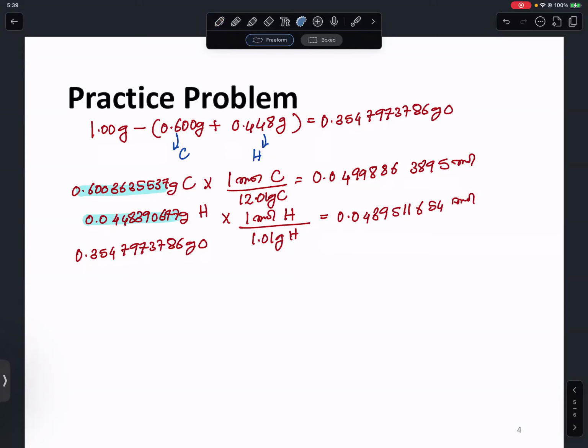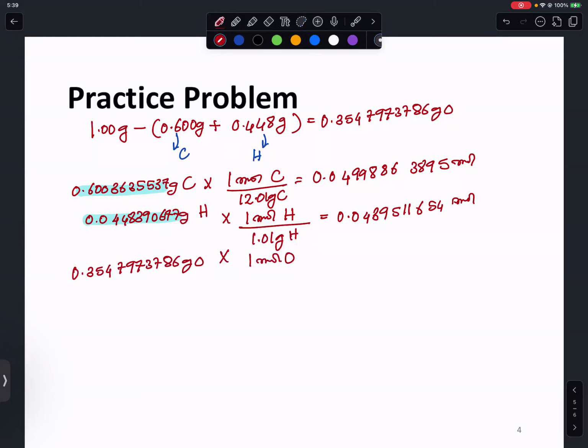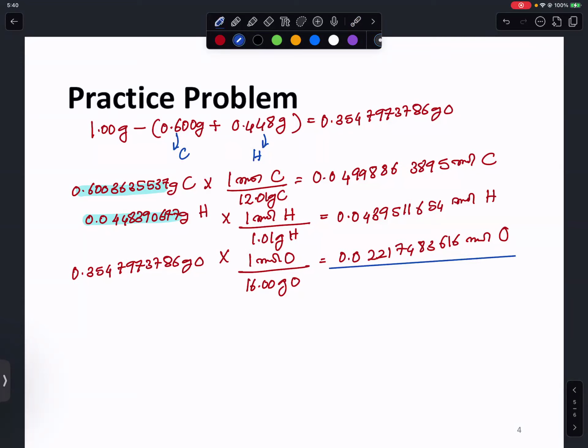And lastly, 1 mole of oxygen over 16.00 grams of oxygen, and this gives me 0.02217 moles. So this is carbon, hydrogen, and oxygen. And again, I will divide simply by the lowest number of moles. Just by looking right here, the lowest number of moles is for oxygen. So I'll divide everything by the moles of oxygen.